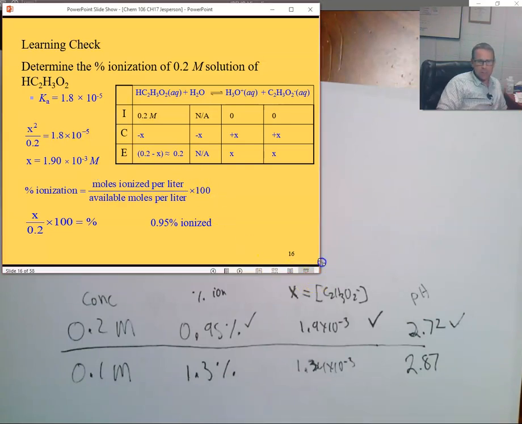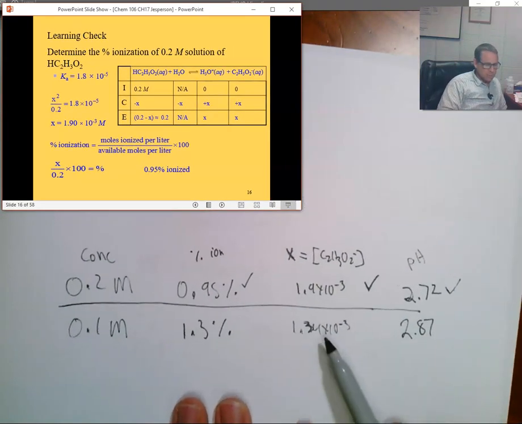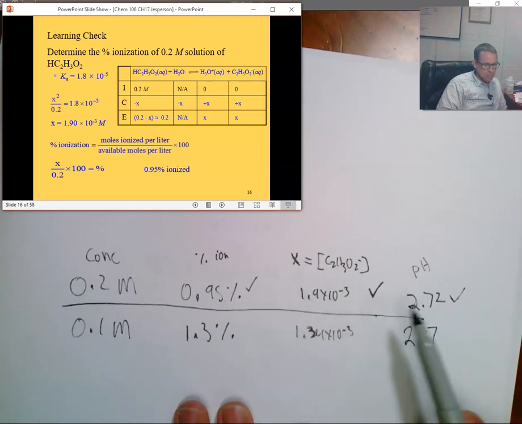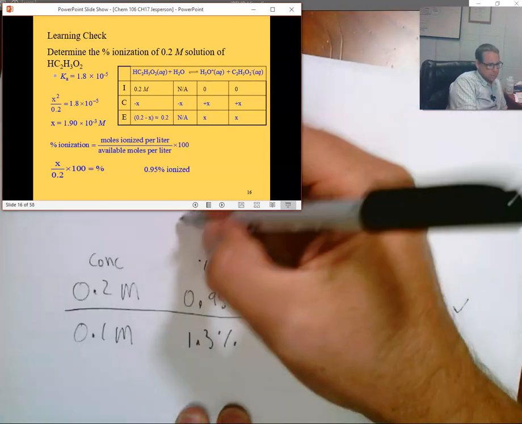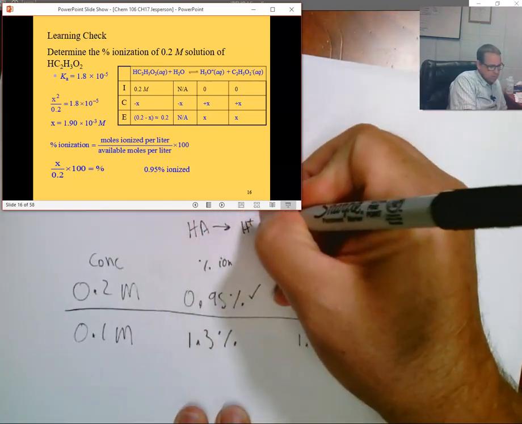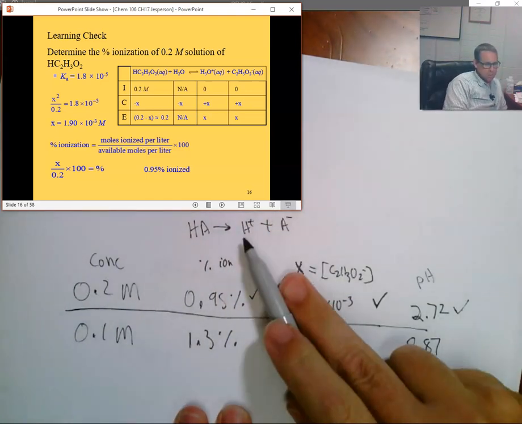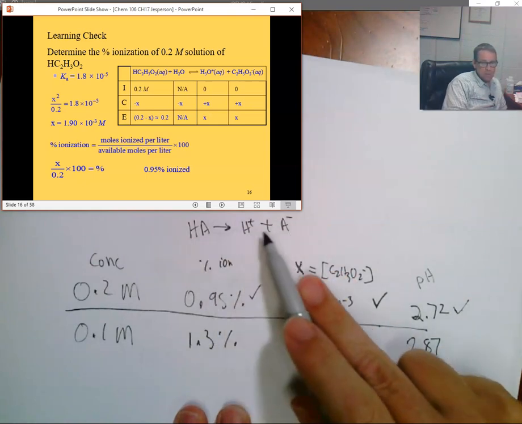Well, what's happening is, because I have more acid in this scenario up here, which results in a lower pH, more acid, again, just the generic acid dissociation so we can kind of think about this, more hydrogen ion, and more A minus, because that's where the hydrogen ion came from, the dissociation.